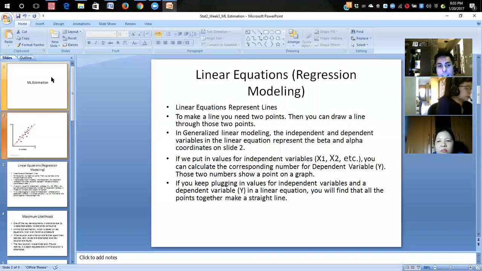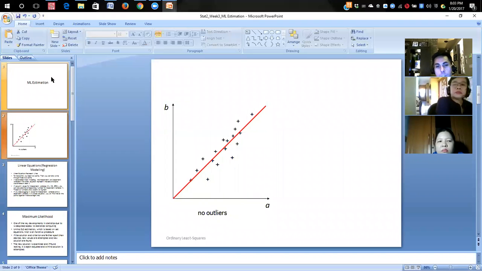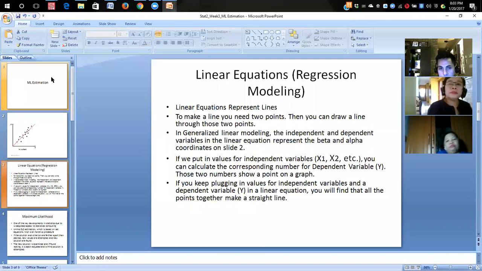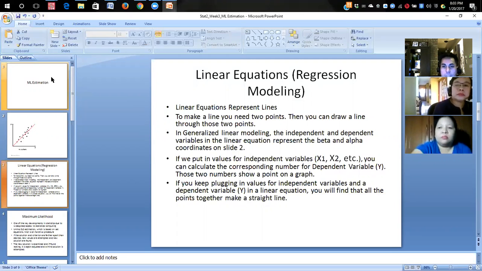If you can see here, your beta is your y-axis, and your alpha is your x-axis. And basically, in generalized linear modeling, your linear equation represents the beta and alpha coordinates that you see on slide 2.